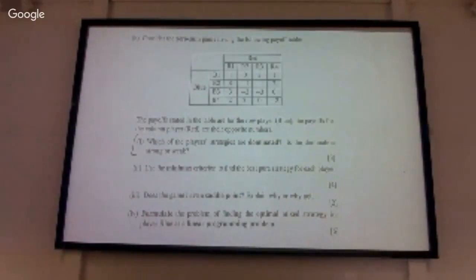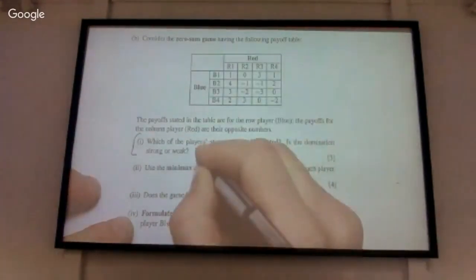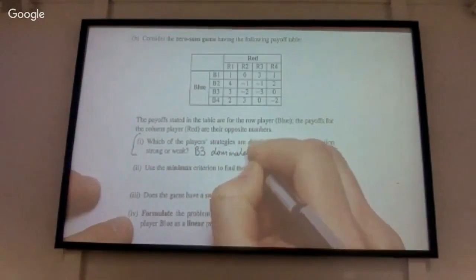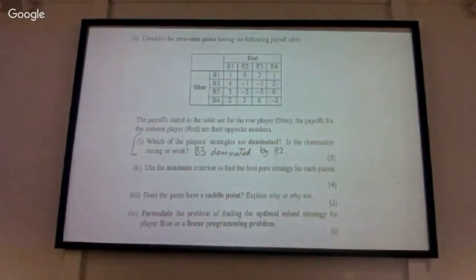Yes? B2. B2 dominating what? Okay. Yeah, I think so. So B3 is dominated by B2, or you can say B2 dominates B3.